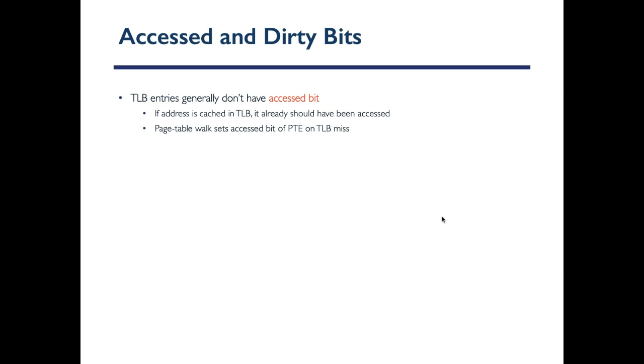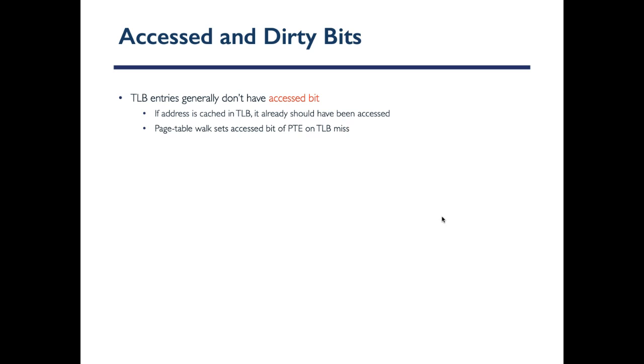Hardware says, okay, I've recently translated this address. It means that I needed to access this page. So I'm going to set this access bit to 1. But note that because we don't have this access bit in our TLB, further accesses would not be reflected.